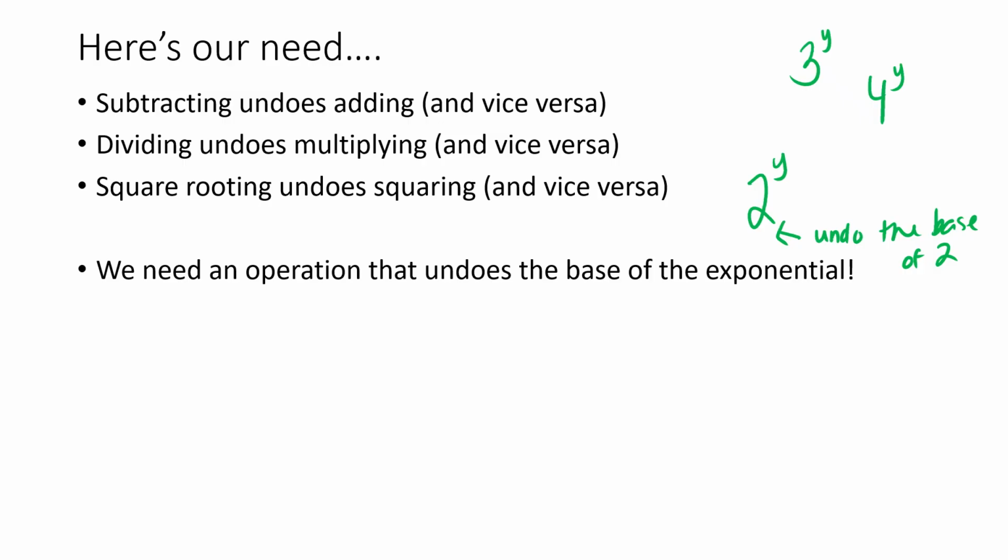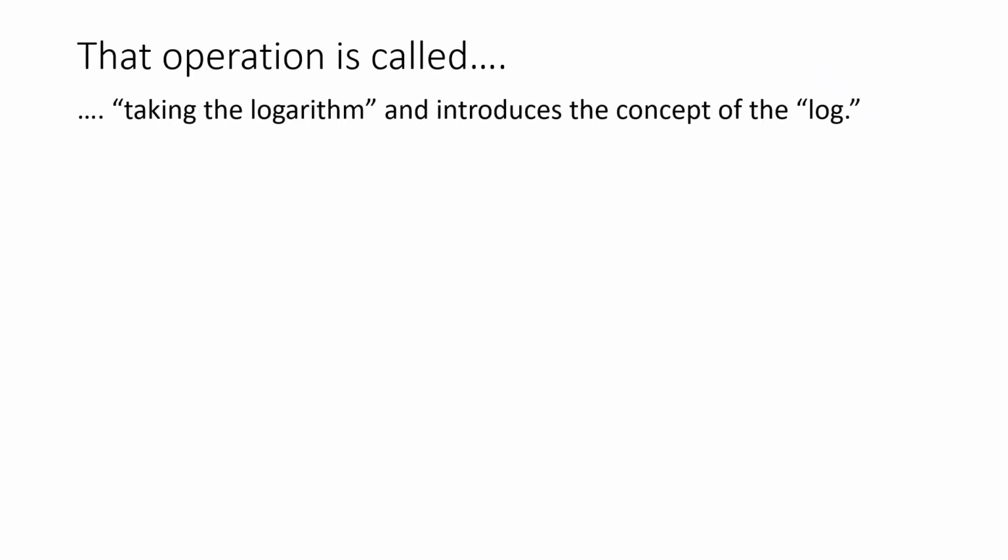Sometimes I'll coin the word exponentialize, like we exponentialize the y, meaning we put the y into the exponent, but I'm not totally sure that's a word. In short, we need an operation that's going to undo the base of that exponential and leave me with the y. And that operation is called taking the logarithm.